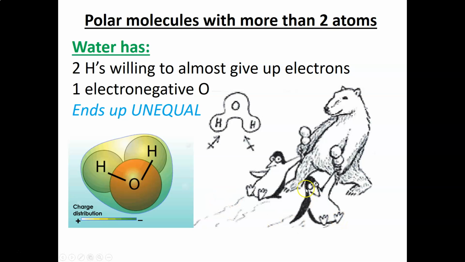You can see that the oxygen is pulling harder on the electrons because it's more electronegative for each of these bonds. This bond is polar, right, because it's not being shared equally, and the molecule altogether ends up polar because we end up with one end of the molecule very different than the other end of the molecule. So we have our polar bear tugging on these poor two little penguins.